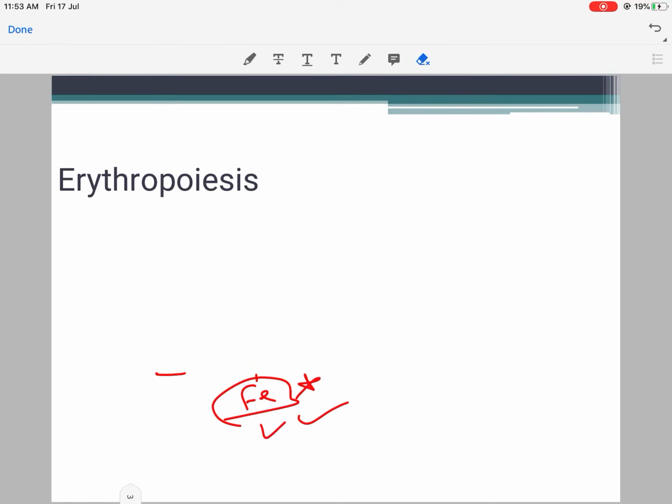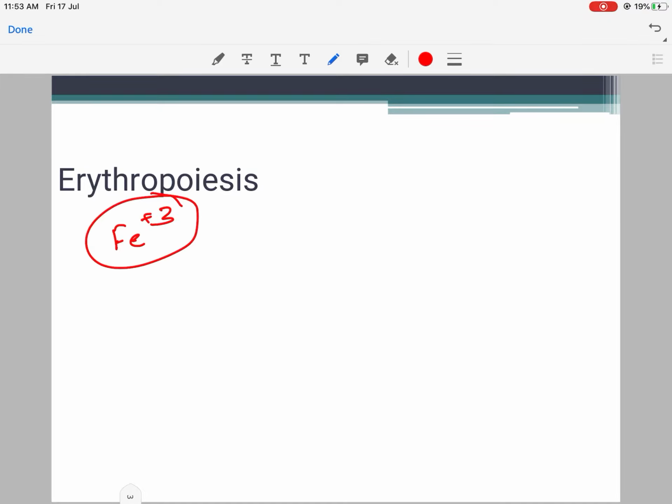Now iron, as we all know, is a one-way compound, that is, once it is ingested, there is no way iron can be excreted out of the body. The only way iron can be lost from the body is by loss of blood. Now iron is always present in Fe+3 form in nature. So Fe+3 form cannot cross the cell membrane.